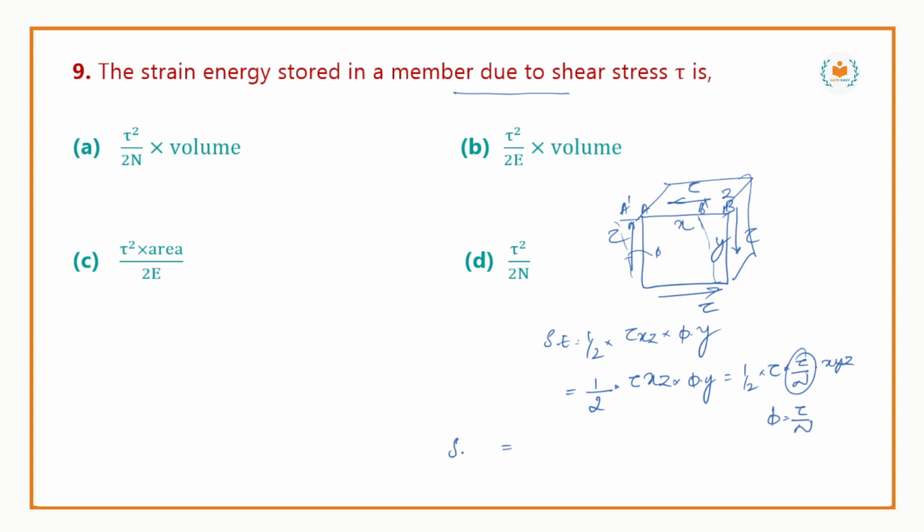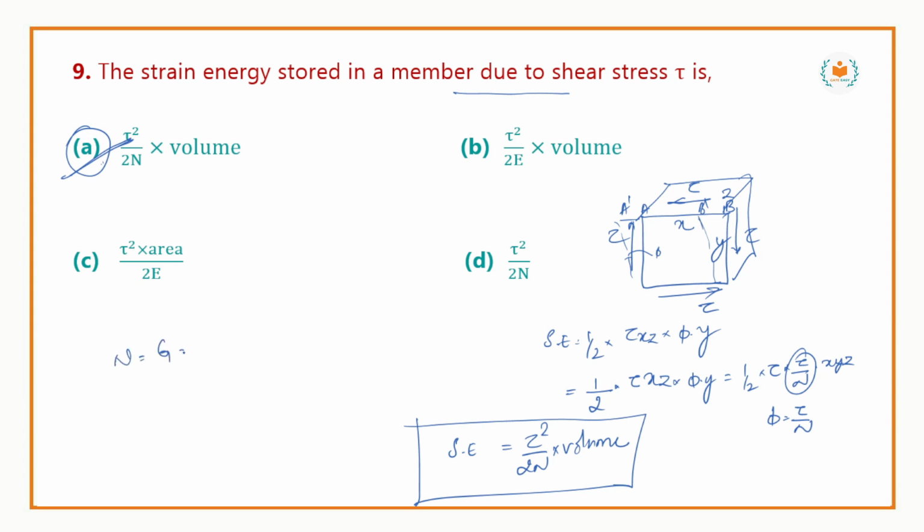So the final answer, the strain energy stored, is tau square divided by 2n into volume. This is the strain energy stored in a material. So the right answer for this particular question is option A, tau square divided by 2n, where n, which we also call G, is the shear modulus, or modulus of rigidity, which is defined as shear stress divided by the shear strain.